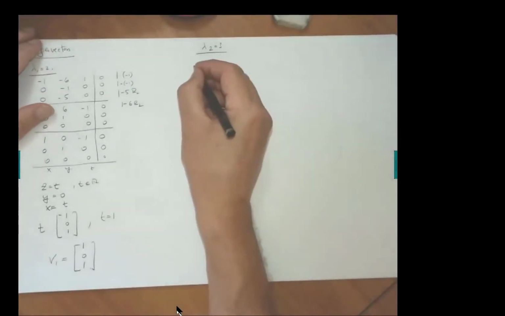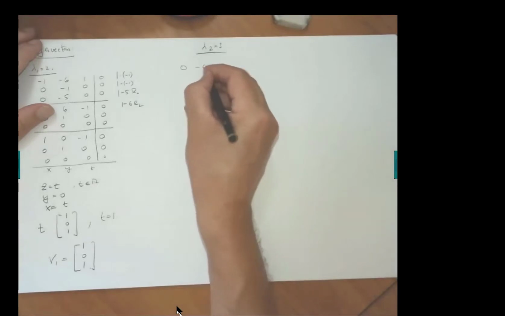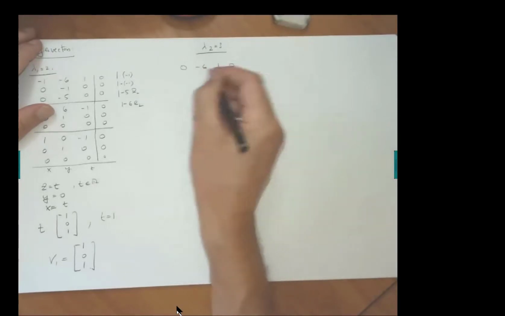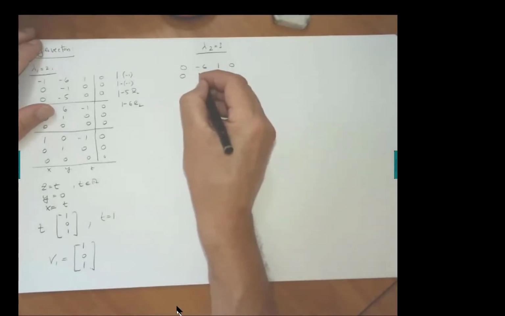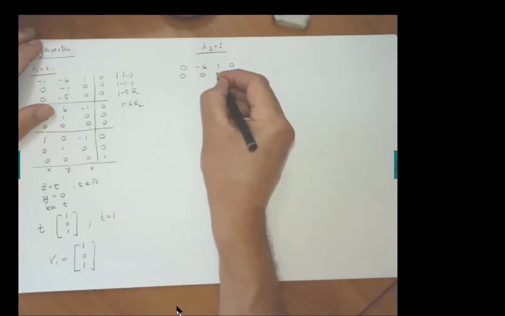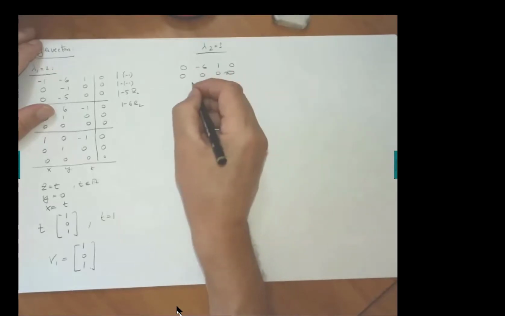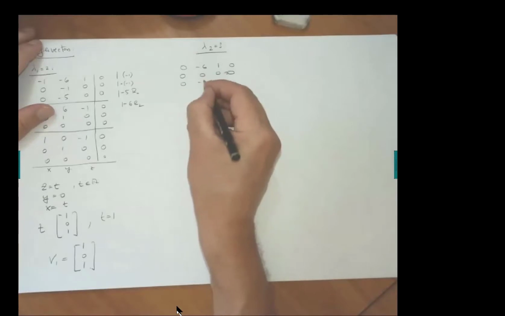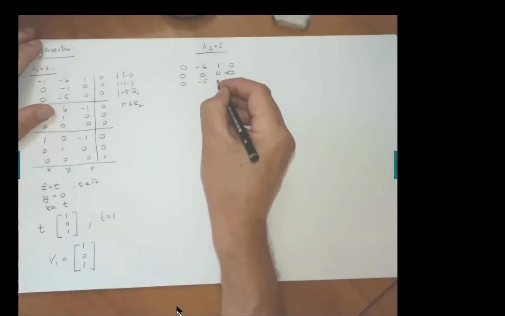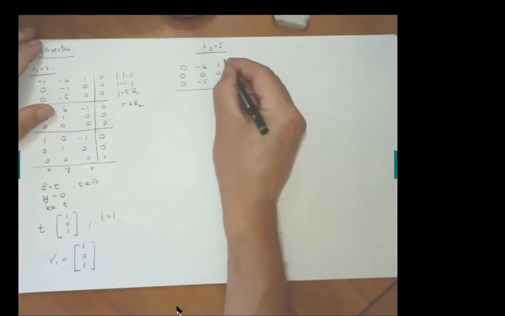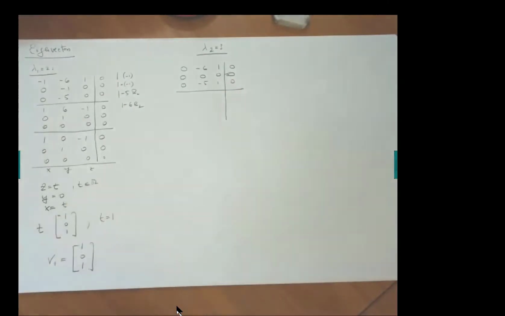So I put 0, -6, 1, 0, 0, 0, 0, 0, and then we have 0, -5, 1, 0. So this is what we get.